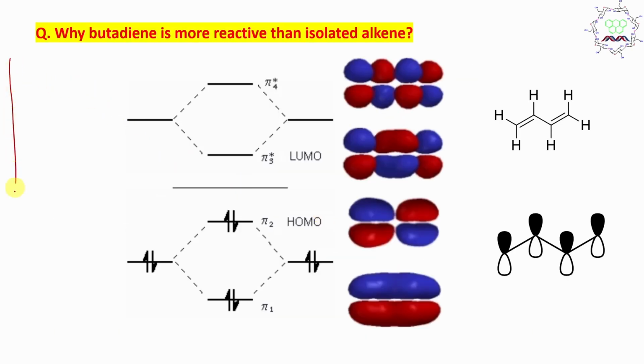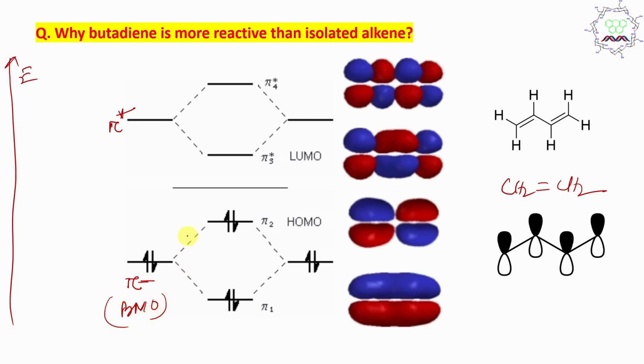This y-axis is the energy axis, and this is the energy of a pi bond, and this is the pi star. If you take any isolated alkene like ethylene, this is the pi energy, the BMO, bonding molecular orbital, and this is the ABMO, anti-bonding molecular orbital. For ethylene there are 2 electrons in this BMO.